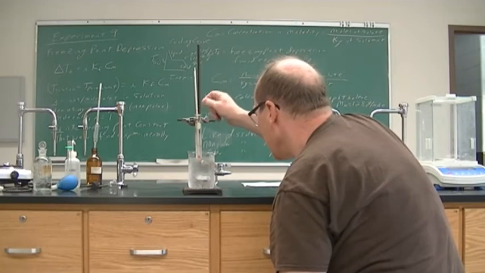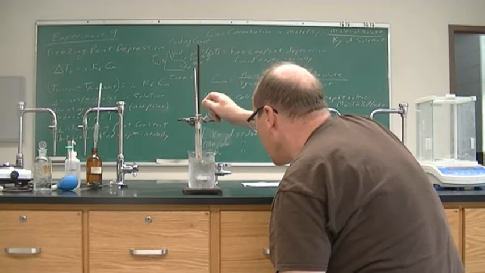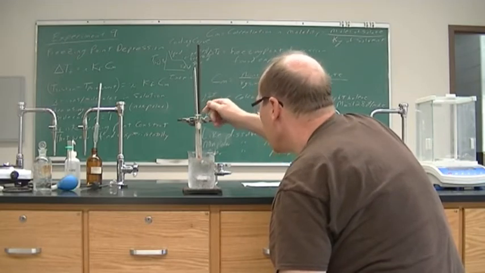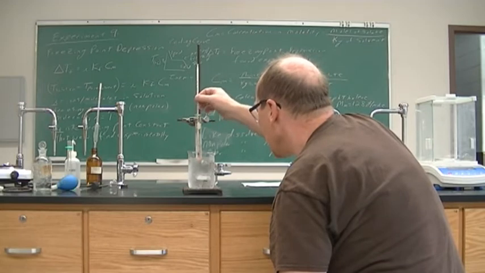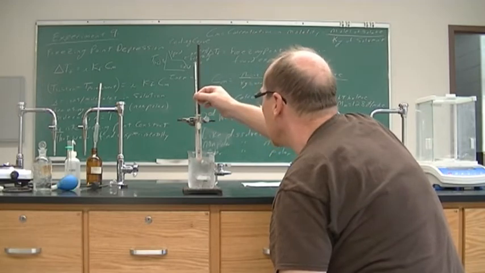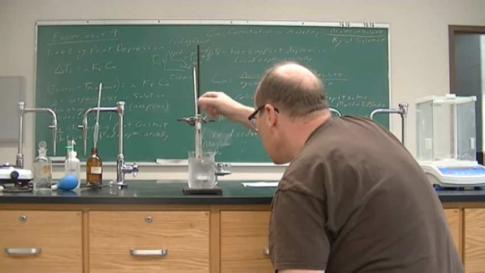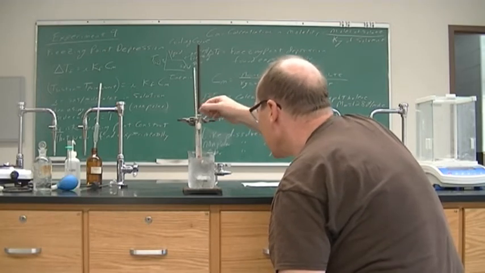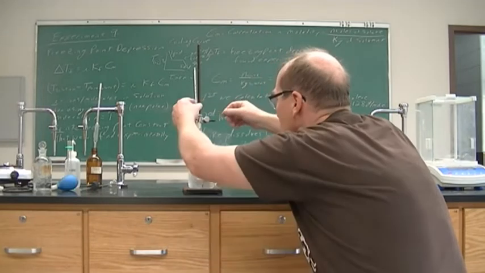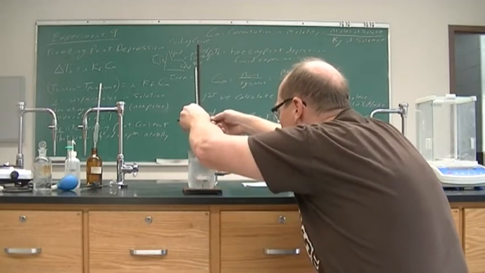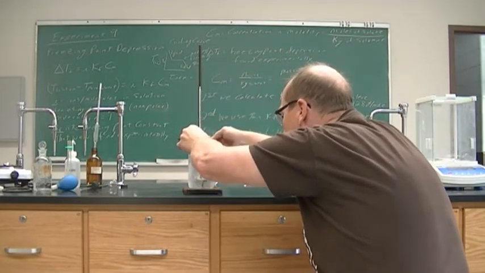I'm trying to get the point right when we have solid and no solid at the same time. We are at 5. All right. So now the temperature is going up, and we have no solid. We stick it in here.